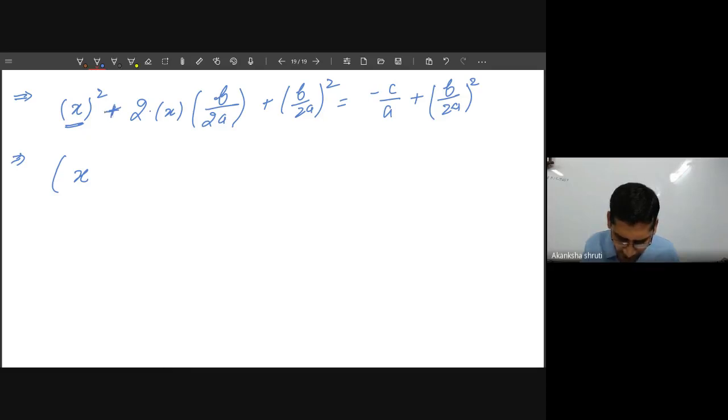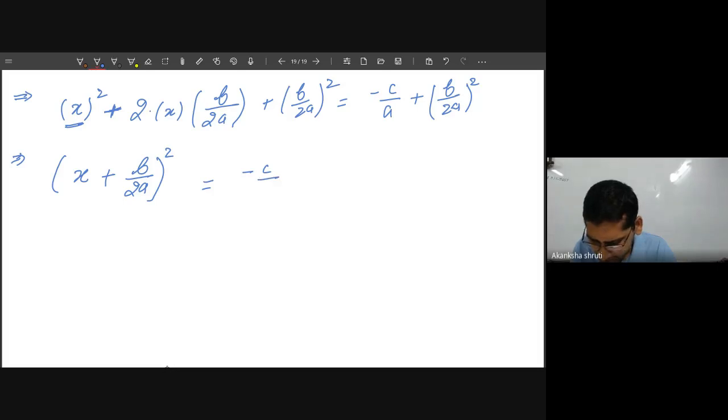So here the 2ab term is positive, so I will have to put the plus sign here. And what is the other? b by 2a, it is this one, so this is the whole square. Okay, students? So left hand side can be compressed in this form, is equal to, what about the right hand side?